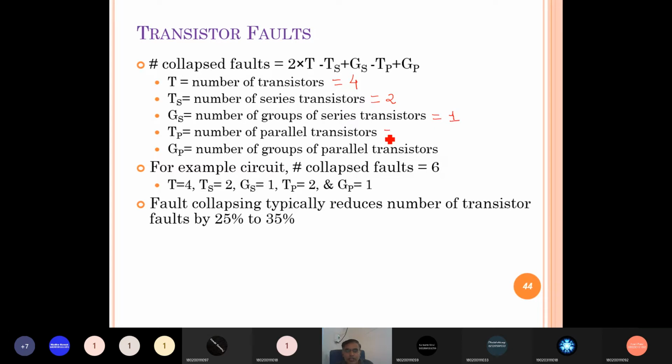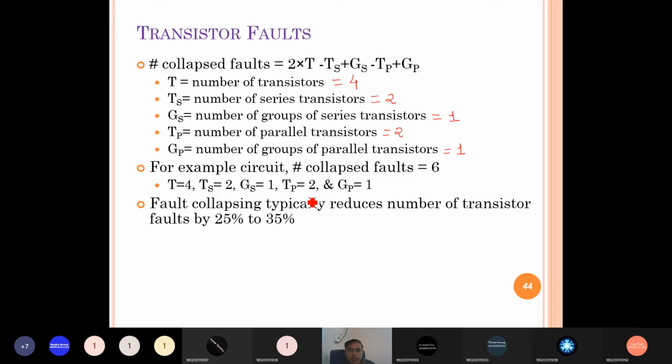The total number of parallel transistors is 2, right? Both NMOS are in parallel, so 2 transistors are connected in parallel. The number of groups of parallel transistors is only one, which is the 2 NMOS in parallel.